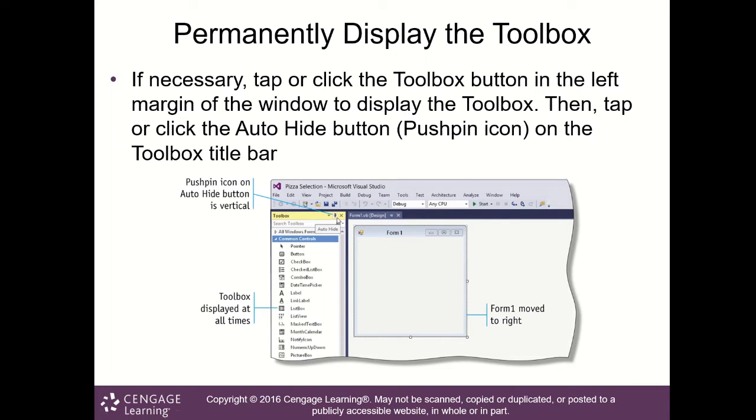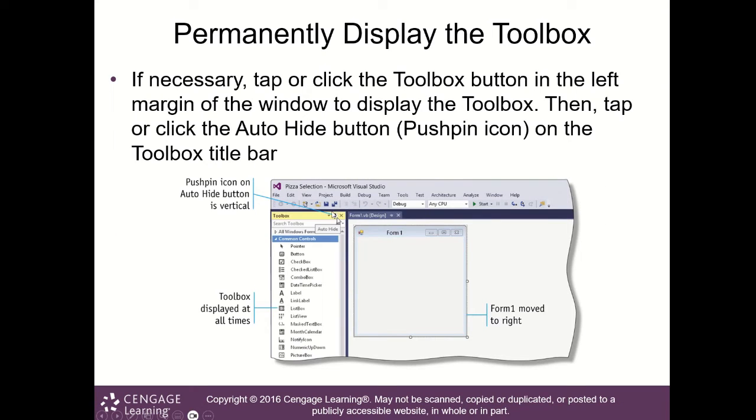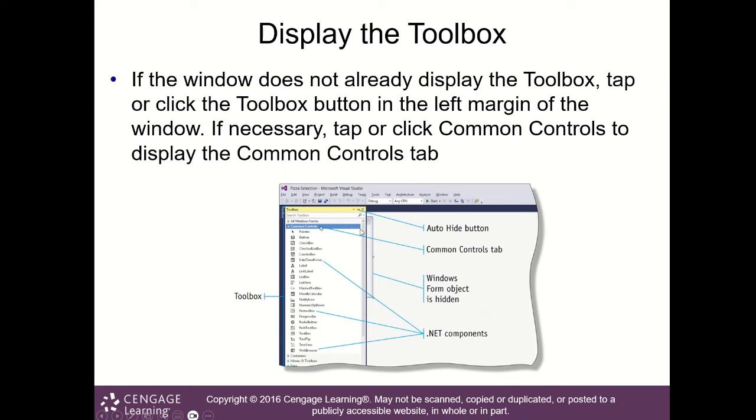In order to display the toolbox permanently, what you should do is click on this pin here. In the previous picture, the toolbox was taking over the space so that the form was hidden. Here, on the toolbox, there is a small pin, the auto hide button.